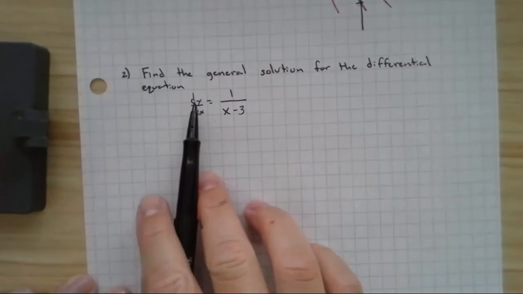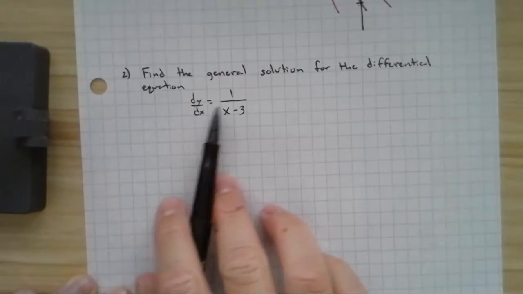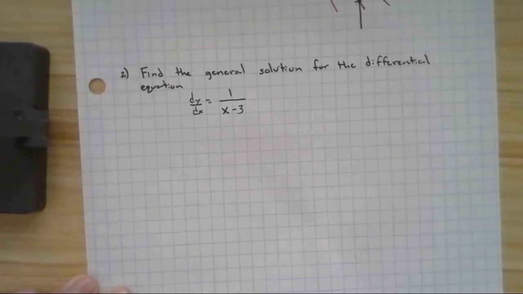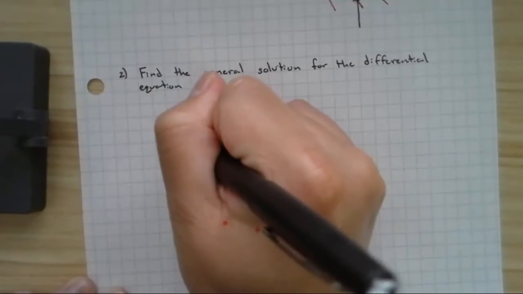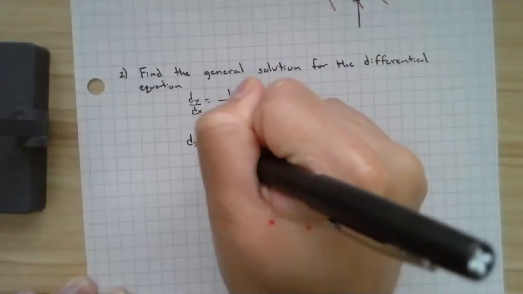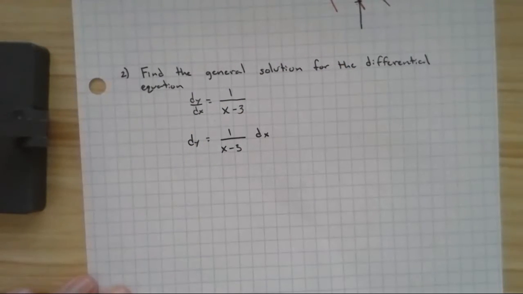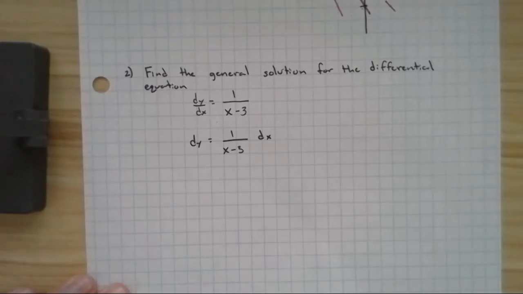So dy dx, the differential equation, is 1 over x minus 3. If I multiply both sides by dx, I'm going to get dy is equal to 1 over x minus 3 dx. Then what I can do is integrate both sides.